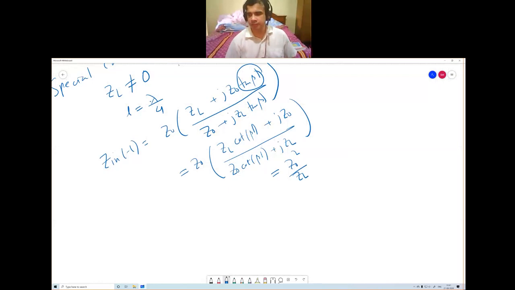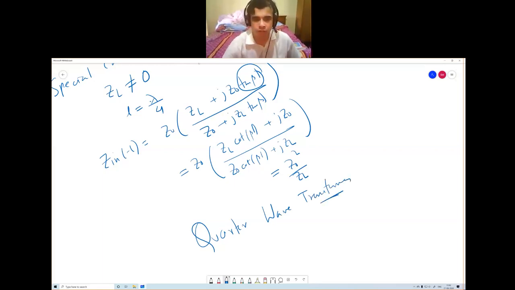Right? So keep this in mind, because we use this for matching a load called quarter-wave transform. This is also used in interfaces. Very easily, if you can find a line with a given Z0, where Z0 is the square root of Zin times ZL.